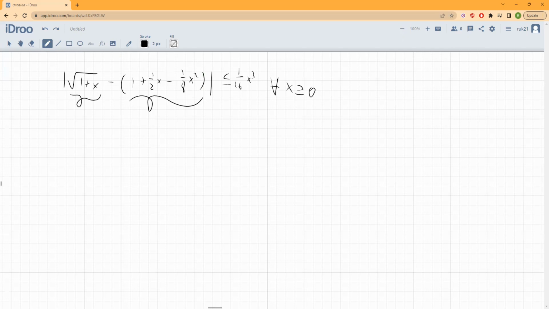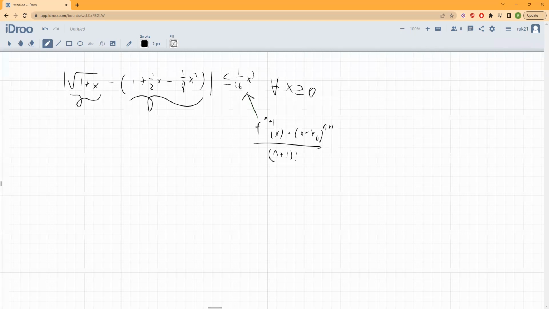The way we can do that is to remember how we find the error bound, which is we take the n plus 1 derivative of f of x, multiplied by x minus x null to the power of n plus 1, over n plus 1 factorial. And basically we are going to show that when n is equal to 2, this goes to this.